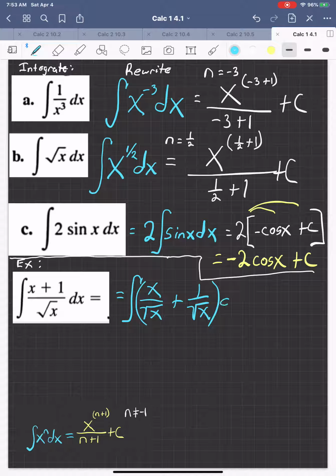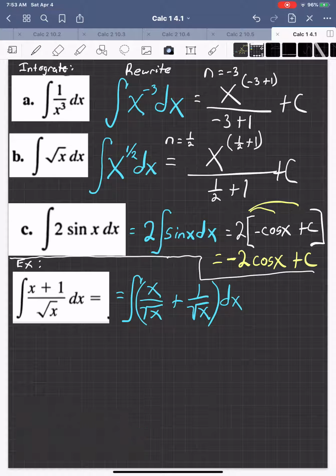That ability to rewrite the integrand is going to make this so much easier. So all I'm going to do right now is get rid of this picture here because I'll bring it back when we need it. So let's go a little bit farther.